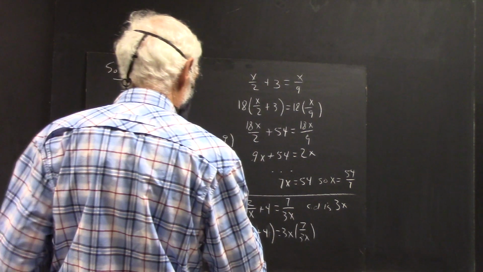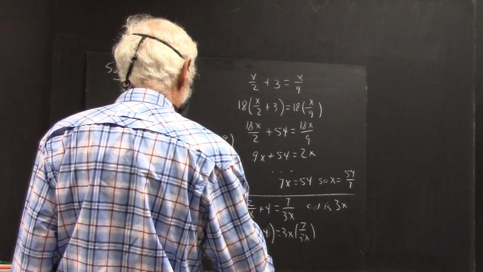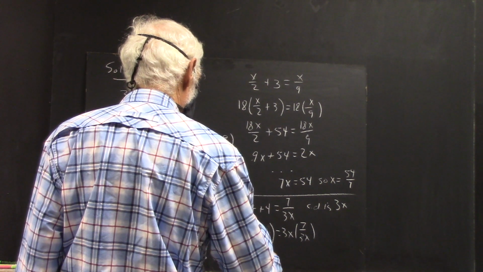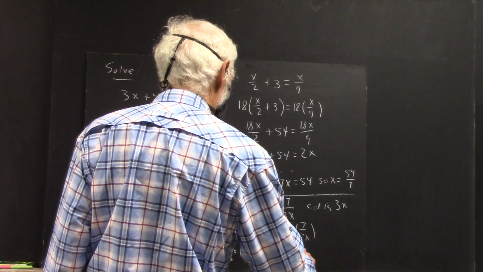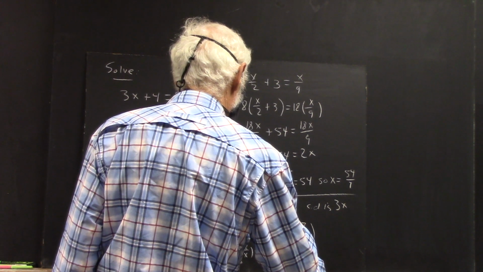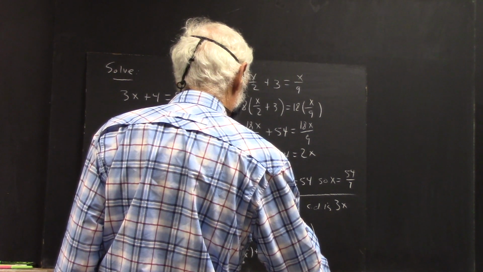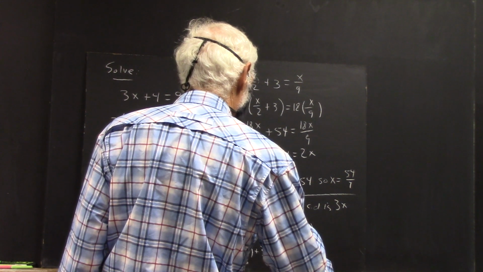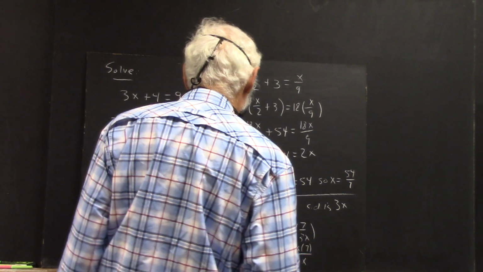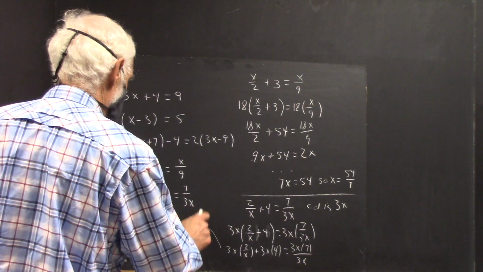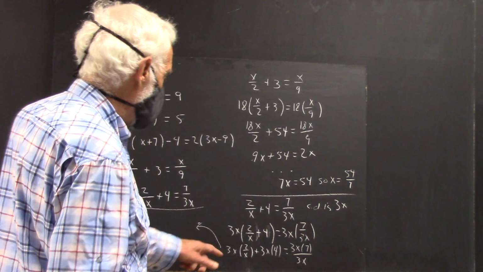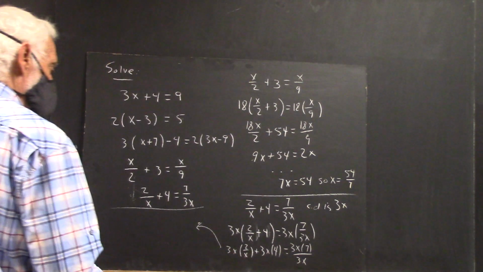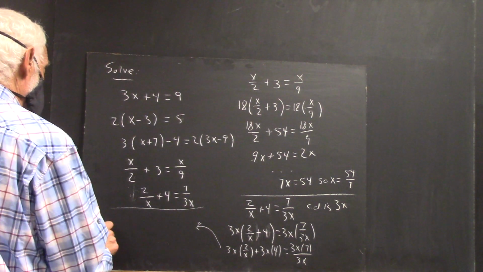Okay. That gives you 3x times 2 over x plus 3x times 4 equals 3x times 7 divided by 3x. You have to come back over this way. Okay? 3x times 2 over x. What's that give you? That gives you 6.